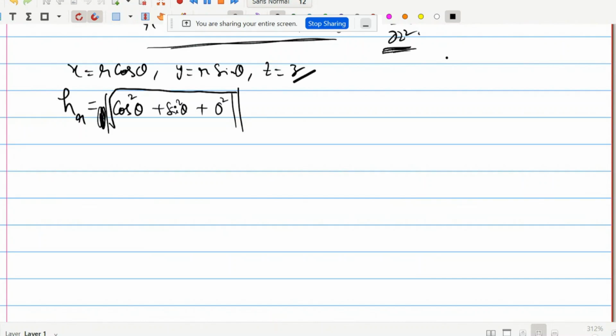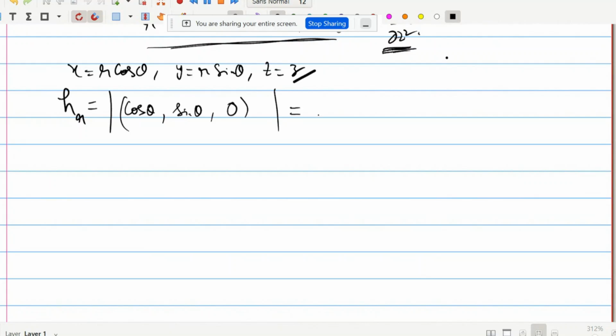So the modulus is that square root. Let me write it again, the modulus of the vector: (cos θ, sin θ, 0). So it is the square root of cos²θ plus sin²θ plus 0. So this is simply one.